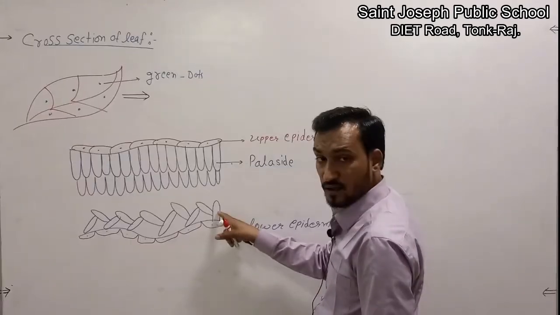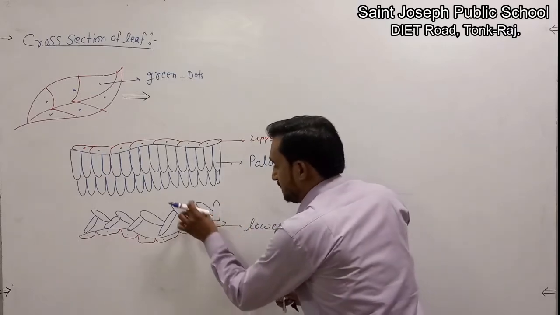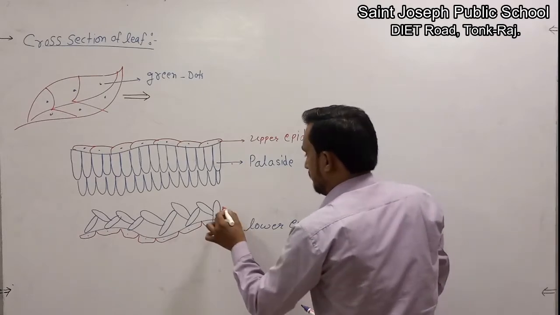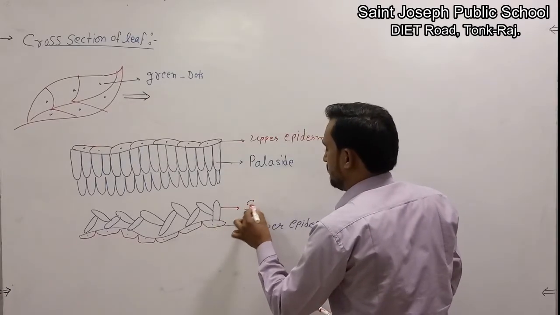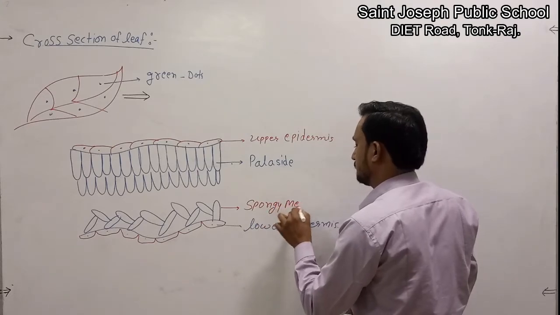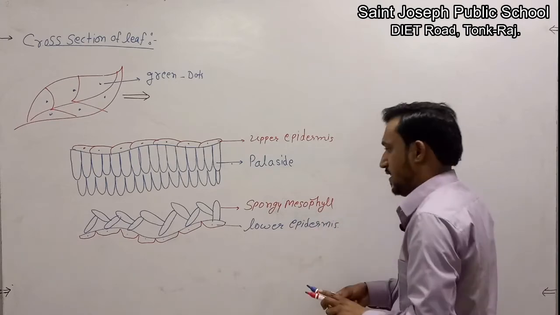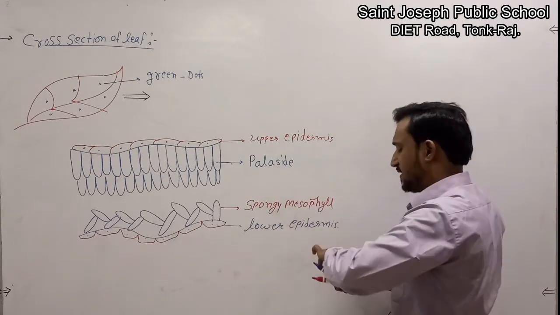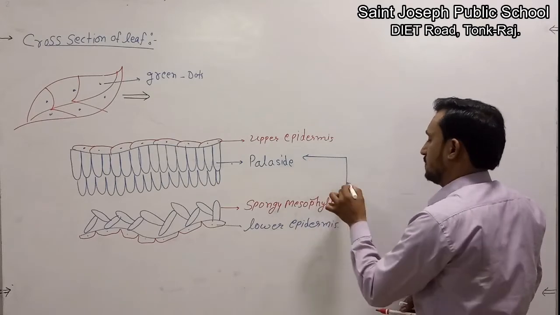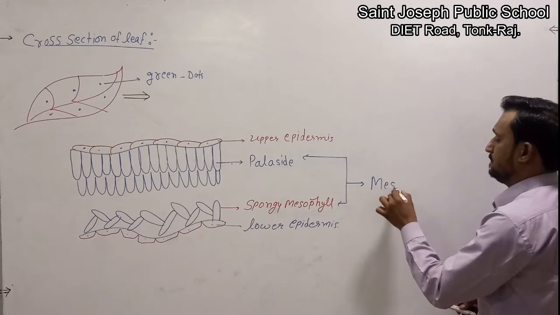These are also palisade-type cells but have some gaps between them. Therefore, it is known as spongy mesophyll. Spongy mesophyll and palisade combinedly known as mesophyll.